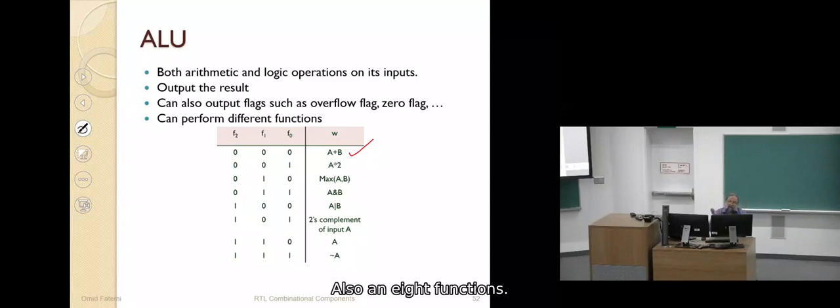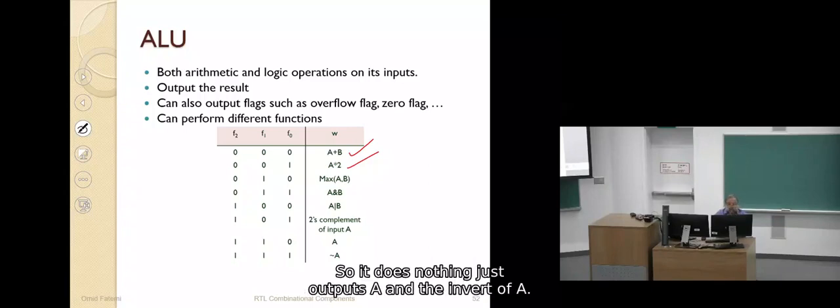Anyhow, eight functions I've put: A plus B, A times 2, maximum of A and B, A and B, A or B, 2's complement of A, and then just one operand, the same A, so it does nothing, just outputs A, and the invert of A.